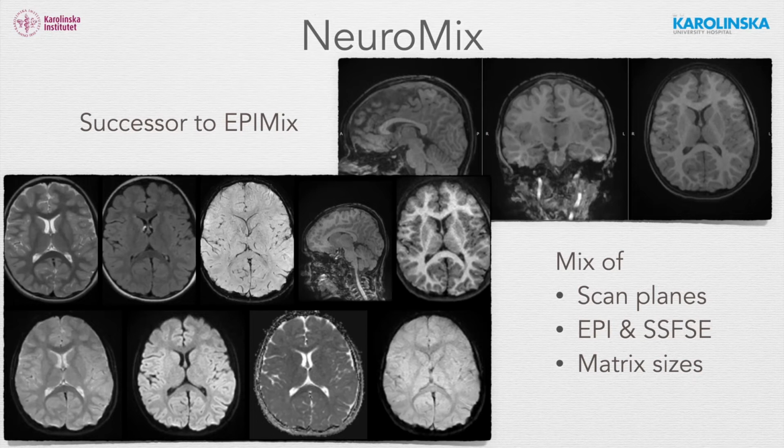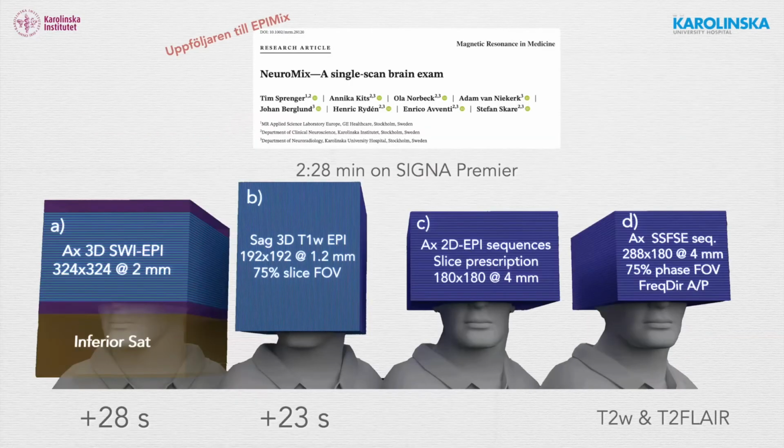And this sequence, NeuroMix, is a mix of, in a single scan push, different scan planes, a mix of EPI and single-shot fast spin echo, and different matrix sizes. So that is all very unexplored territory when it comes to sorting data and pushing the limits of what's possible programming-wise.